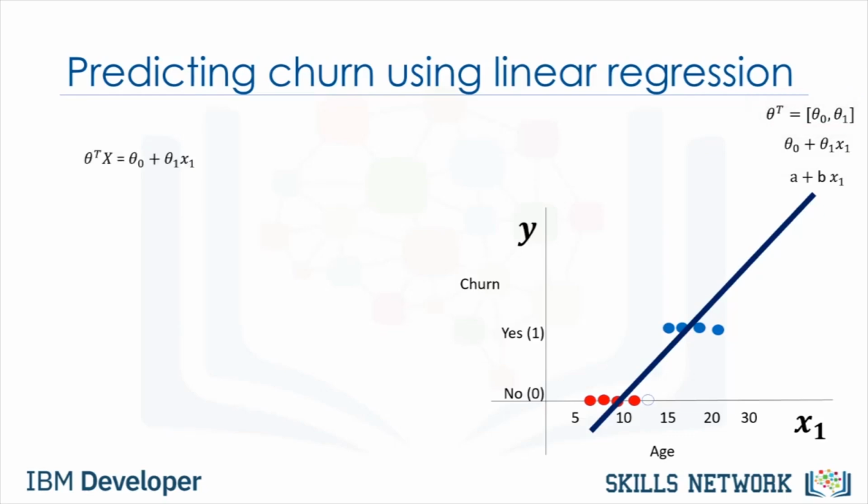We can also show the equation of this line formally as theta transpose x. And generally, we can show the equation for a multidimensional space as theta transpose x, where theta is the parameters of the line in two-dimensional space, or parameters of a plane in three-dimensional space, and so on.